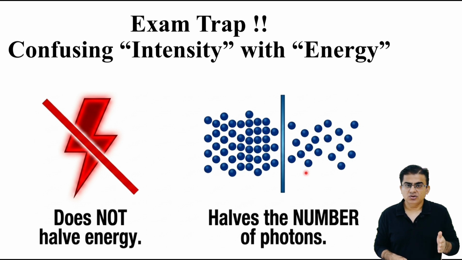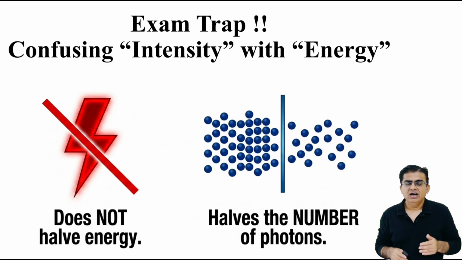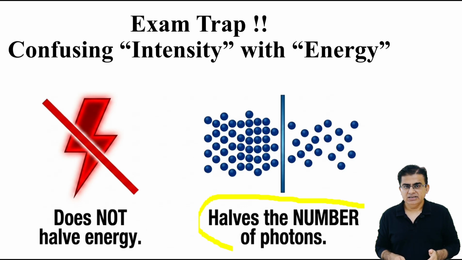There were 40 photons which entered and 20 come out through this block. But it absolutely never reduces the actual energy of the X-ray beam by 50%. I want you to always remember this rule. HVL halves the intensity, but it absolutely never halves the energy.